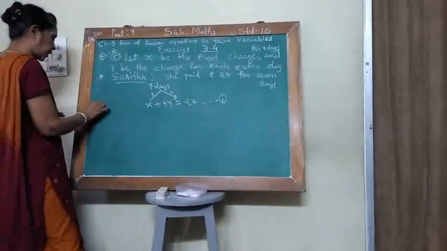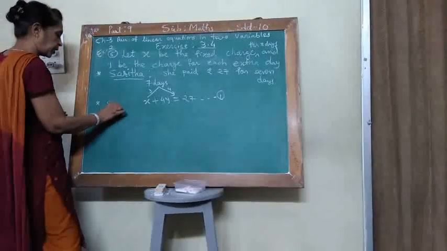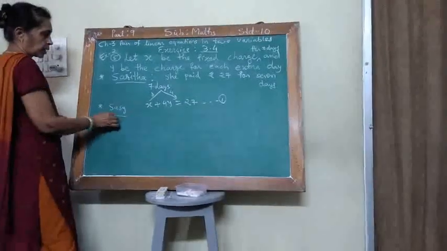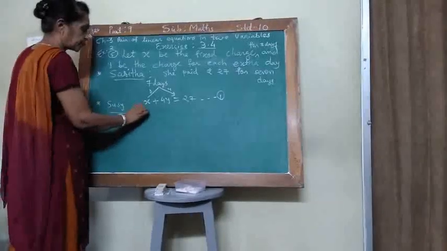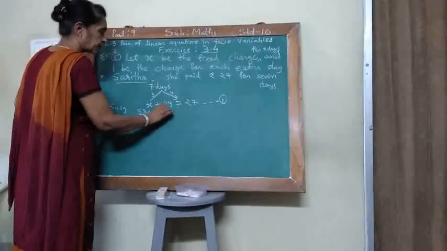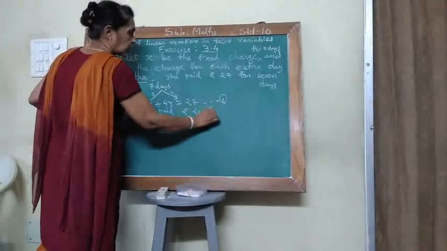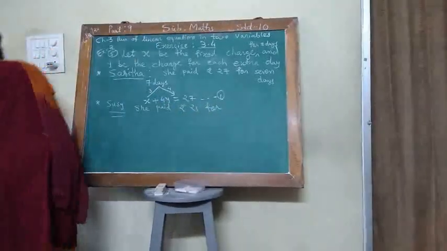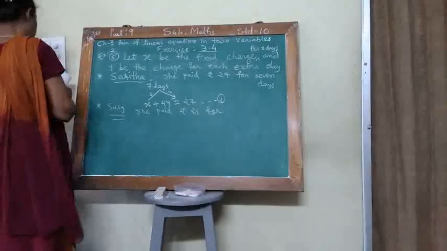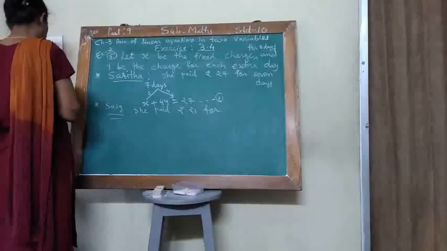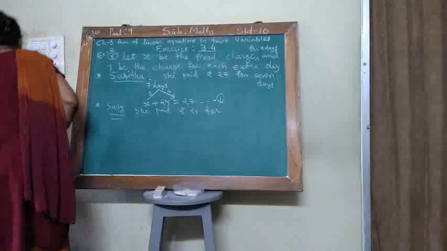And now the second person, Susie. She paid 21 rupees for how many days? Susie paid 21 rupees for 5 days.